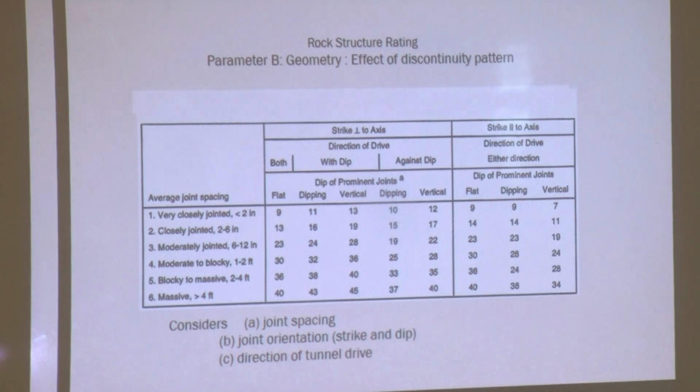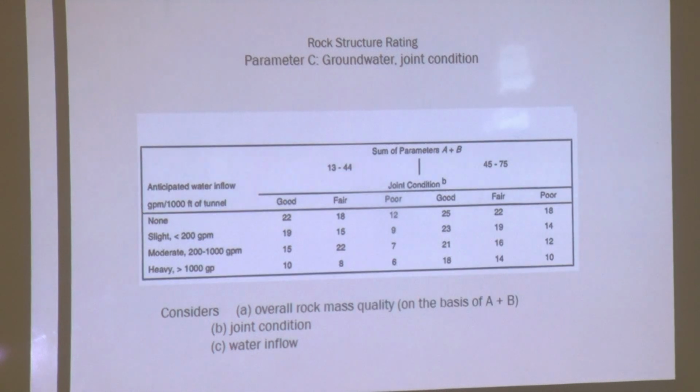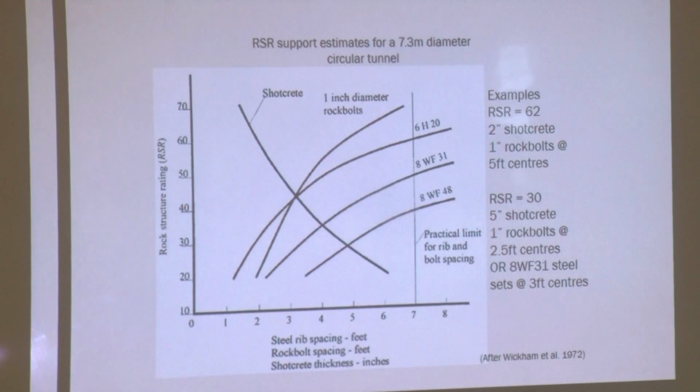They have assigned some values in different categories, and then come up with the rock structure rating. They tried to correlate the rock structure rating with the diameter of the tunnel and tried to model whether it fits well. Up to a certain limit it works, but definitely it will result in different complexities, and in different conditions it might not work. That is why this kind of classification system is no more in use.